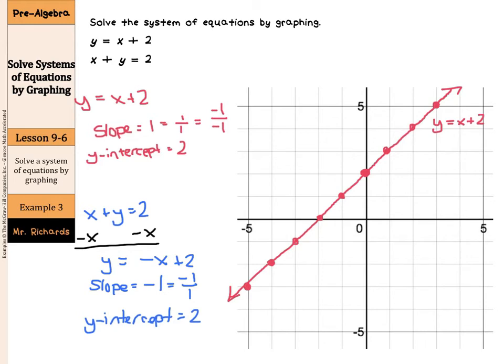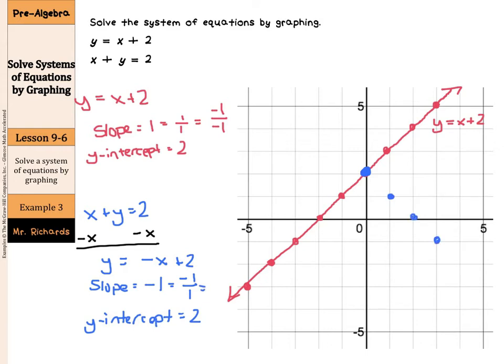Well, our y-intercept of 2 makes this kind of non-suspenseful. A slope of negative 1 means we're going to go down 1, right 1, down 1, right 1, down 1, right 1.